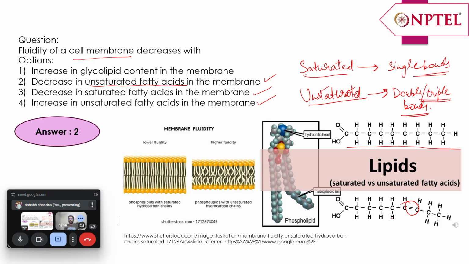Okay, and what happens is, when there are only saturated fatty acids in the phospholipid molecule, it is represented as this, because there is no double bond in this particular case. If there is any unsaturated fatty acid in the phospholipid, then it is represented by a kink, which means it has a double bond or a triple bond.